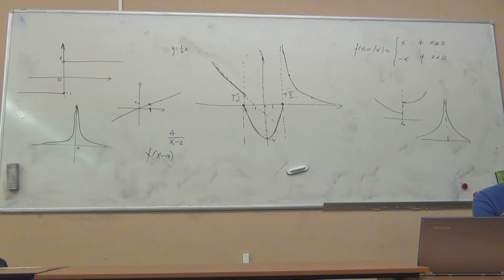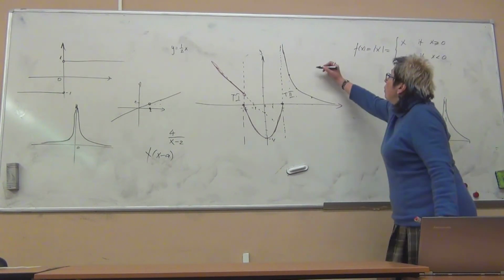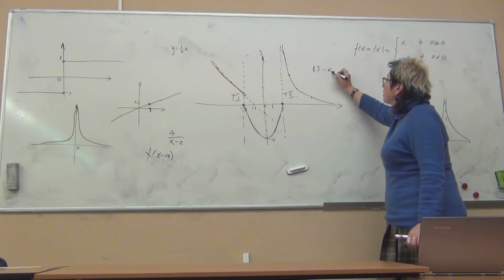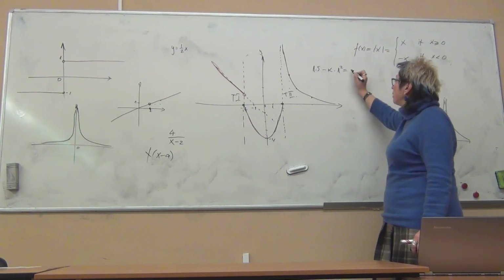So if x equals 1, the function value is 1, and then we require that in the other part of the graph, the function value at x equals 1 is also 1. And we see that 1.5 minus k times 1 squared has to be 1.